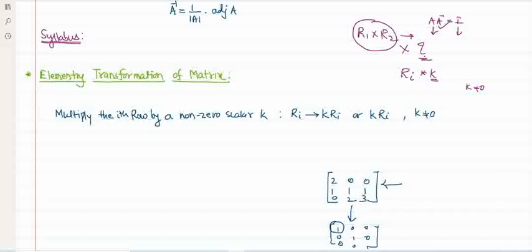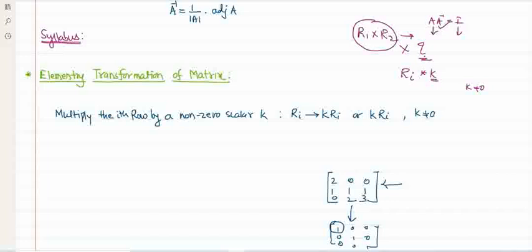Sir, if we change the rows. Yes, that is the first basic elementary transformation. We can change any two rows or any two columns as per our requirement. That is the first transformation: interchange of the ith row and the jth row.